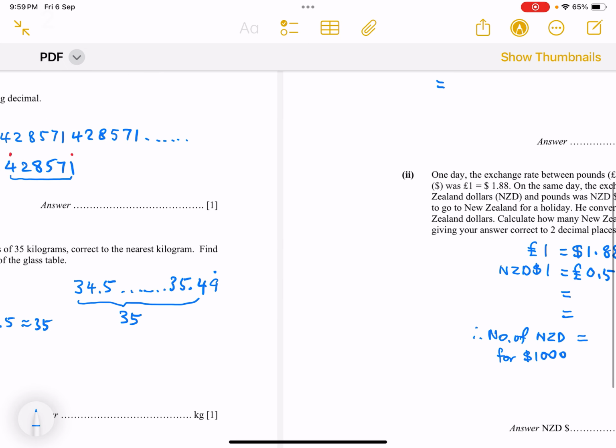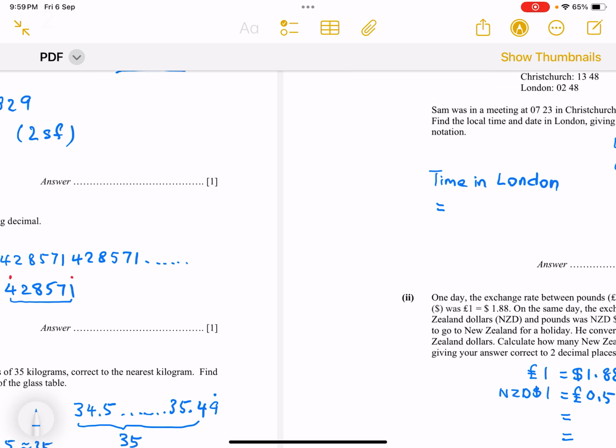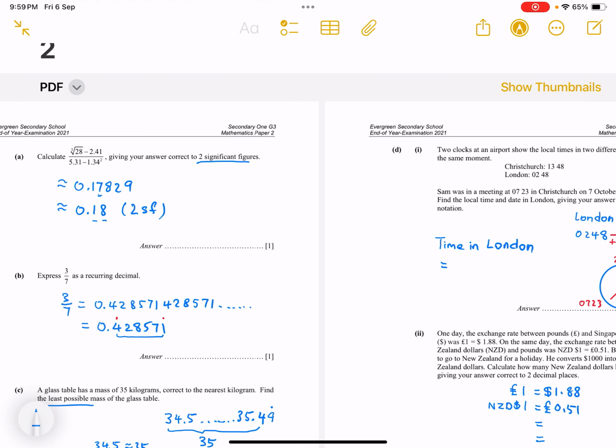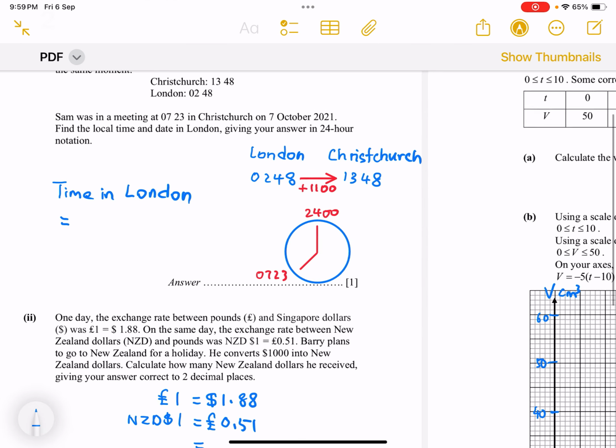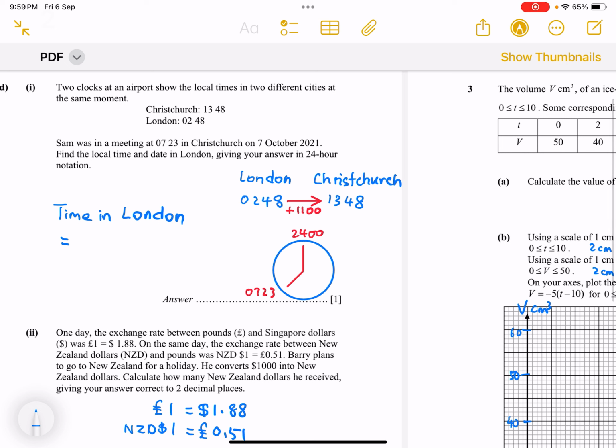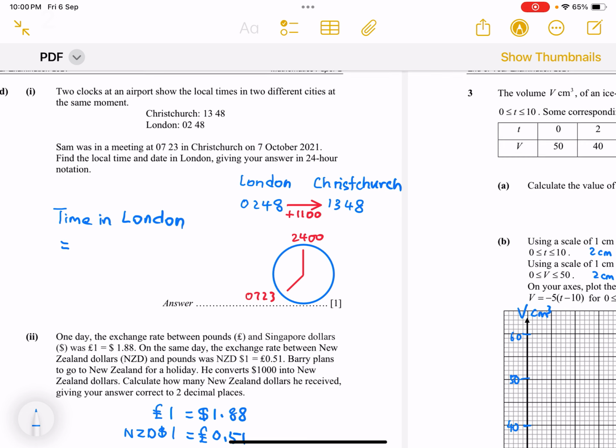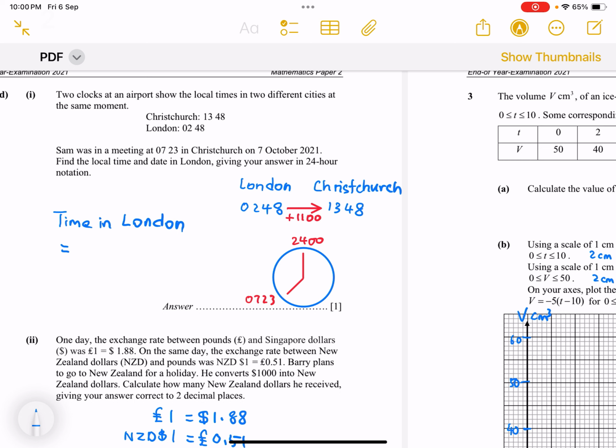Right, next sum. We have 2 clocks at the airport, in 2 different places, London and Christchurch. Christchurch is ahead of London by 11 hours. So if you add 11 hours to 0248, you get 1348.